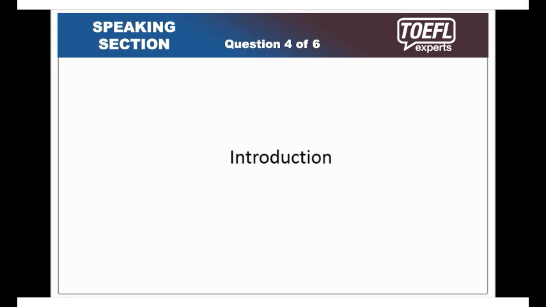Now read the passage from a psychology textbook. You have 45 seconds to read the passage.